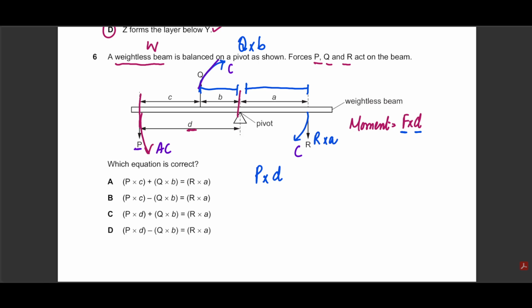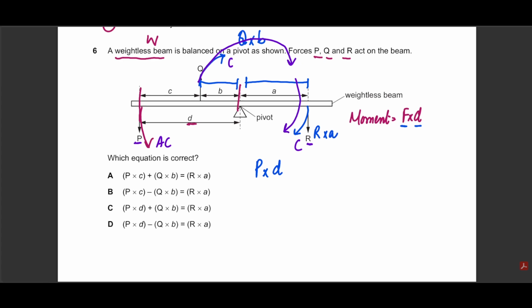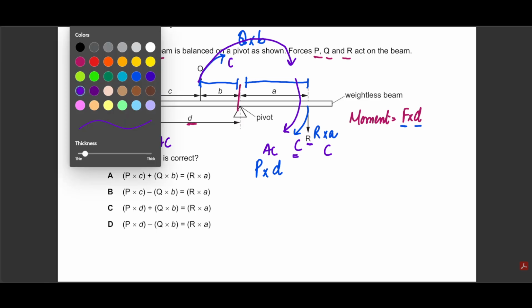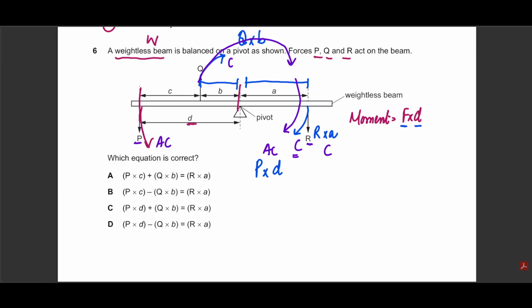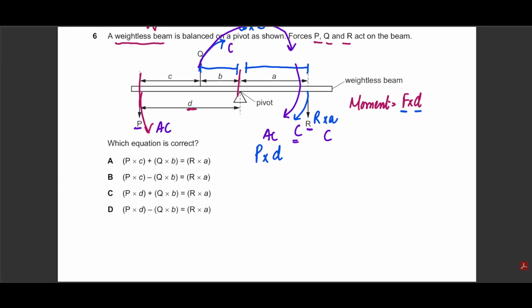If you extend the arrow, you will realize that it is trying to rotate in the same direction, or it is trying to help the moment produced by Q. So all the moments causing anti-clockwise moment should be equal to all the moments causing clockwise moment. And this is exactly the definition of the principle of moments. The sum of clockwise and the sum of anti-clockwise moments are equal to each other.